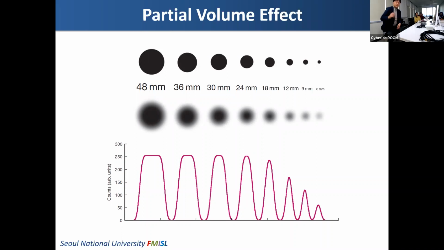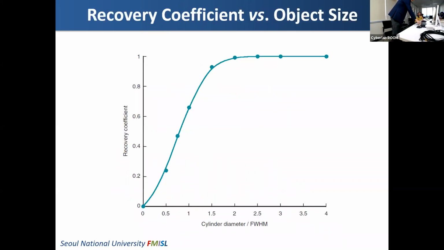If the size of the region is large enough, larger than 3 or 4 times the spatial resolution, then it doesn't matter. But if it has a smaller size, the count will be reduced due to the smearing. We should understand this effect.